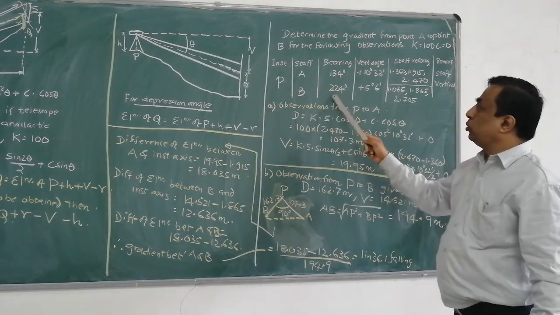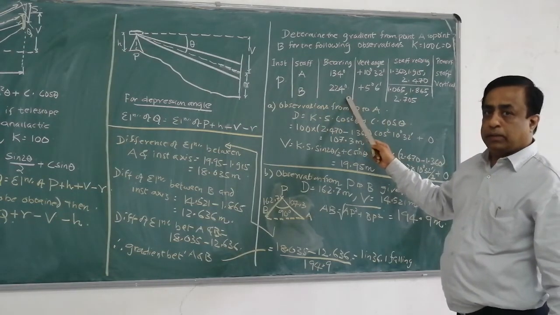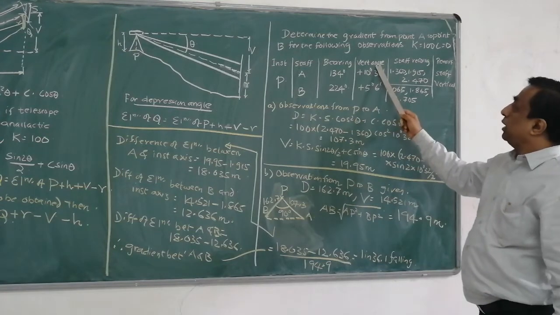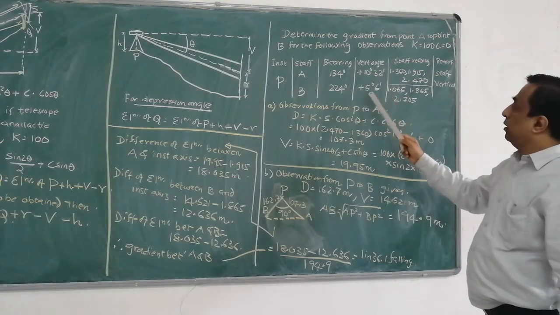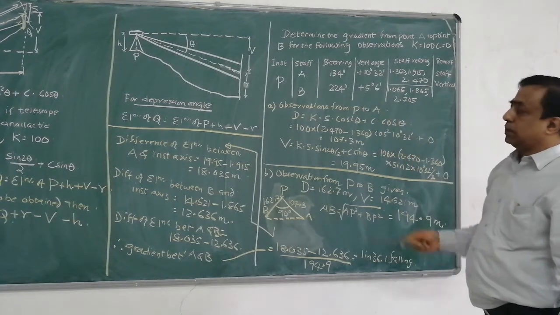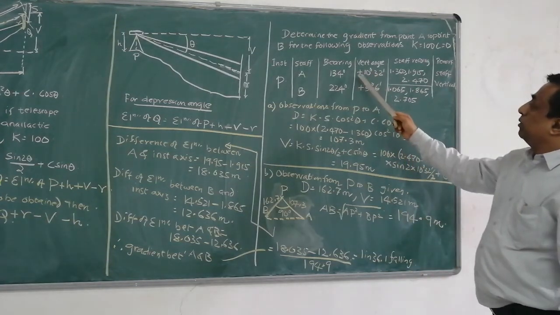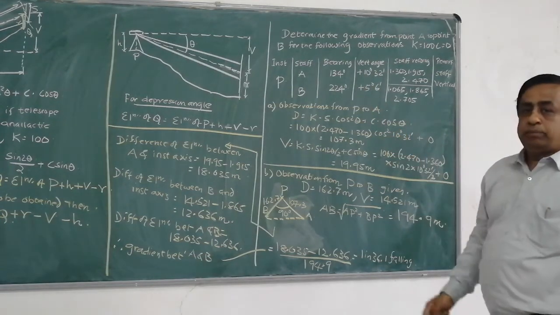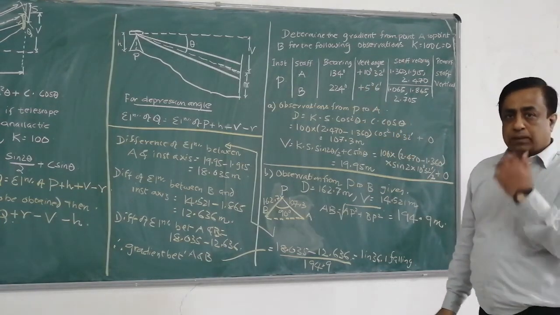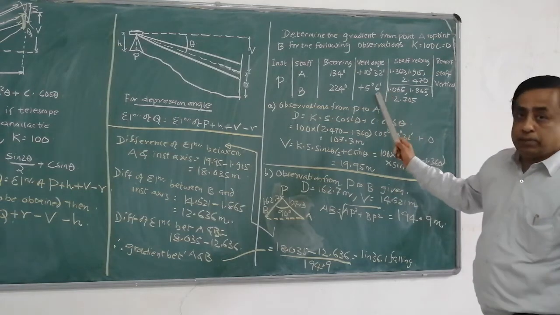From P to B it is 224 degrees. Bearing. Vertical angle is given as 10 degrees 32 minutes, 5 degrees 6 minutes. See, he has given the nomenclatures plus and plus. That means both the angles, vertical angles, are angles of elevation.